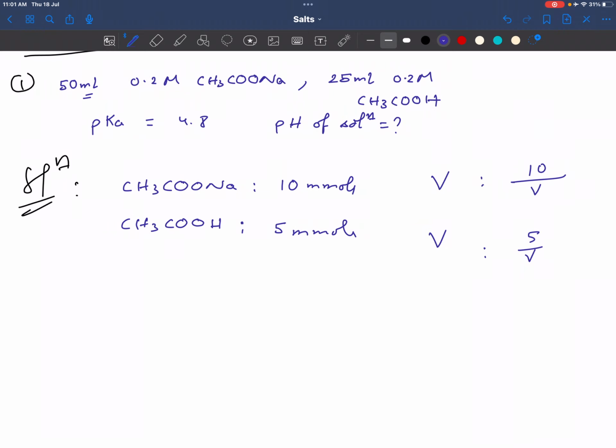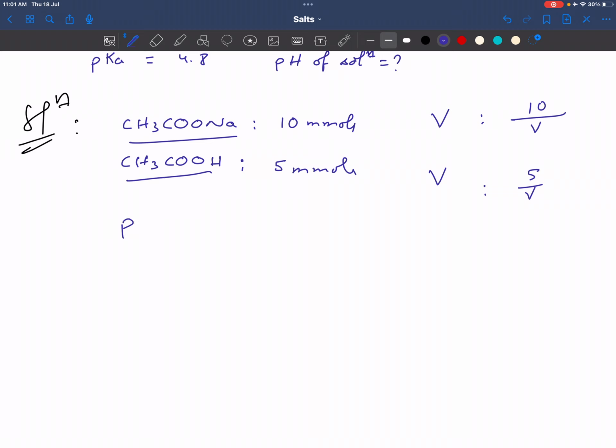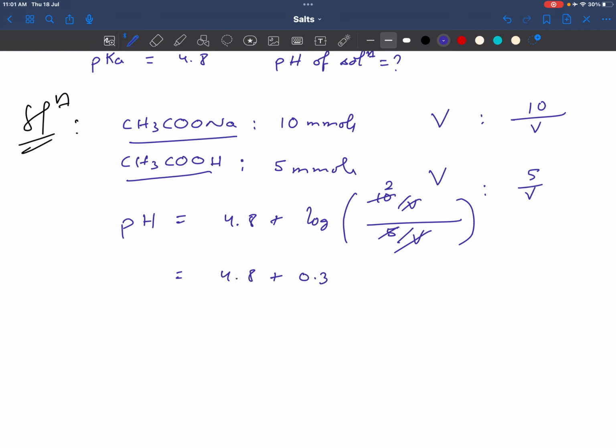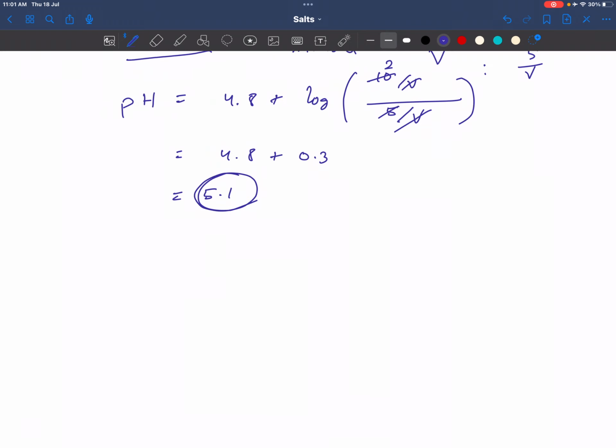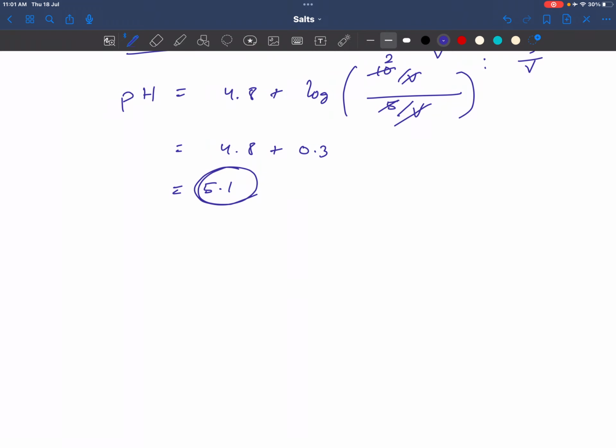Now we know this is a buffer because this is salt of weak acid and strong base, and this is that same weak acid. So we know it is an acidic buffer. pH equal to pKa, which is 4.8, plus log salt by acid. Concentration of salt is 10 by V, concentration of acid is 5 by V. V cancels. 10 by 5 is 2. So 4.8 plus log 2, which is 0.301, approximately 0.3, which is equal to 5.1.